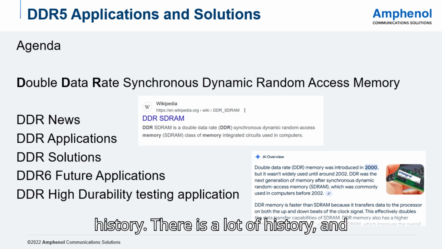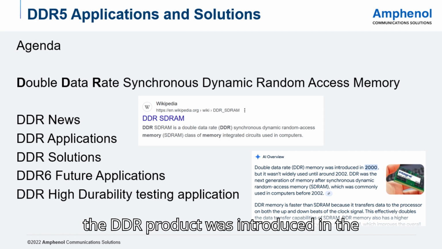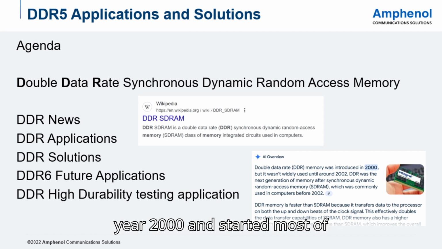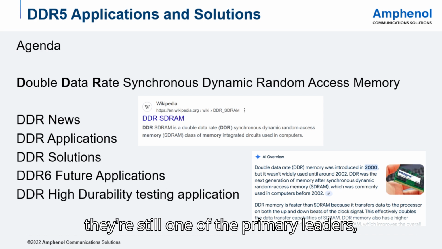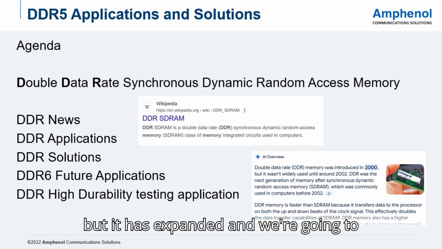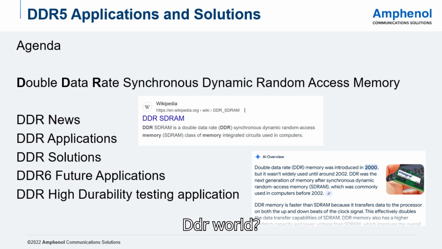That's kind of the history. The DDR product was introduced in the year 2000 and started most of its implementation in 2002, and was primarily driven by Intel. They're still one of the primary leaders. But it has expanded, and we're going to show you now what's going on in the DDR world.